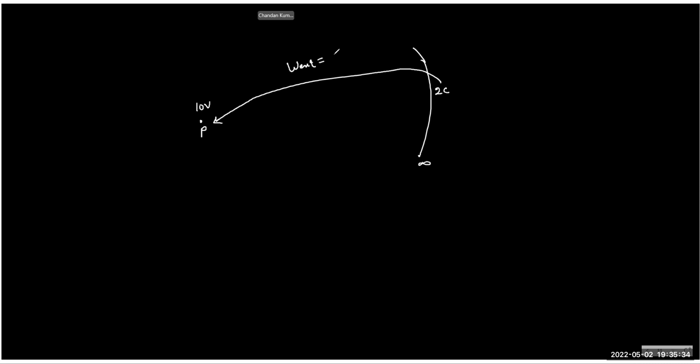Sir, 20 joules. That's a simple answer. If the net potential of a location is given to you, then any charge you bring from infinity will have this simple answer.